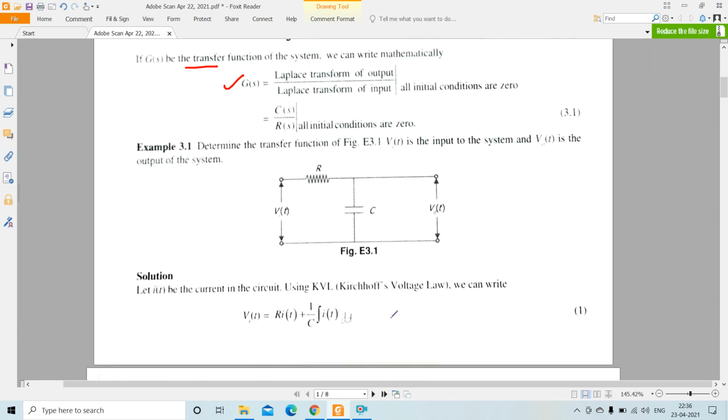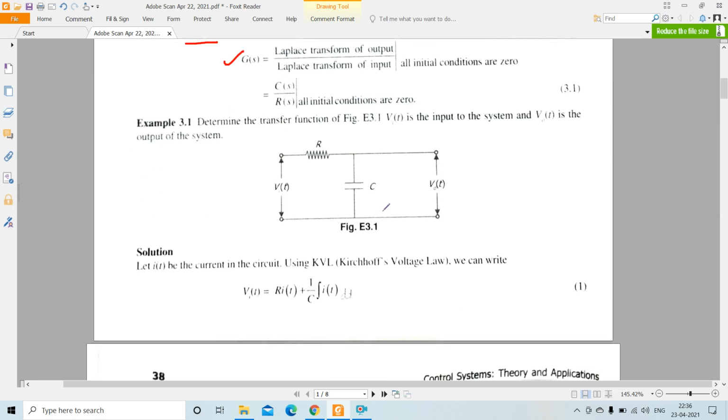So this is a small problem. This is an electrical circuit. Here we determine the transfer function. So this is Vi(t), this is V0(t), this is R and C. Before we determine the transfer function of this electrical network, we assume that i(t) is the current in the circuit.